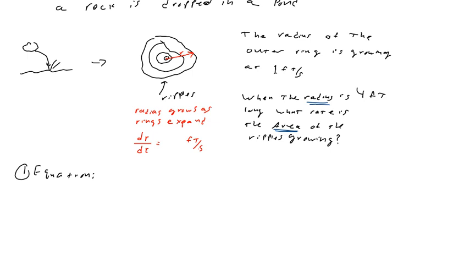We're talking about area. These ripples are on a flat surface. What equation can find the area of these concentric rings of water? What equation are we going to use? Who has an answer for me?